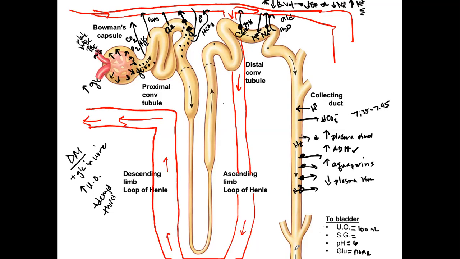And so your urine concentration is going to be high, and if your urine concentration is high, your specific gravity is high. So if you're really hydrated, your particle concentration in the urine is going to be low because you have more water. And so specific gravity is going to be low.